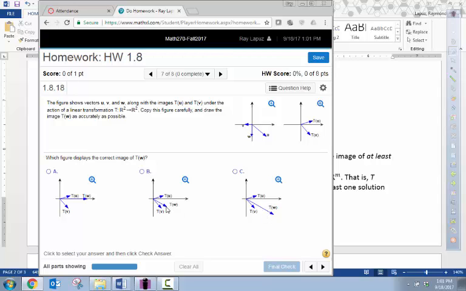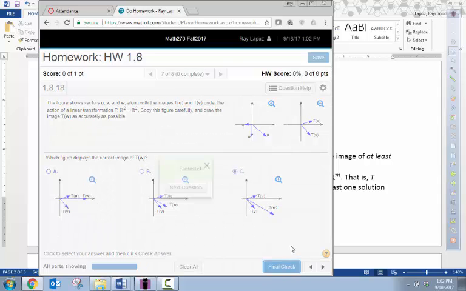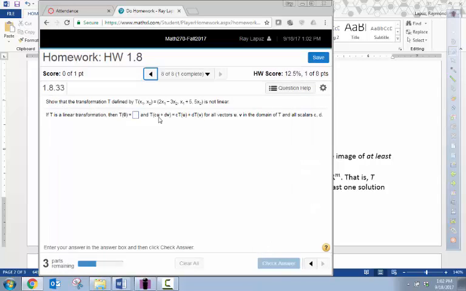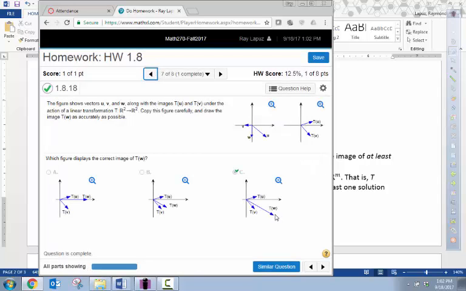It looks like this TW over here is almost as long as TV, but remember, we want to go twice as long for TV. So I think it's this third one. They only give you one check. Final check. All right. So that one was okay. And that had that relationship with linear combinations.